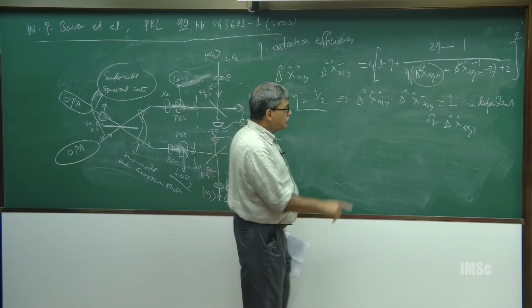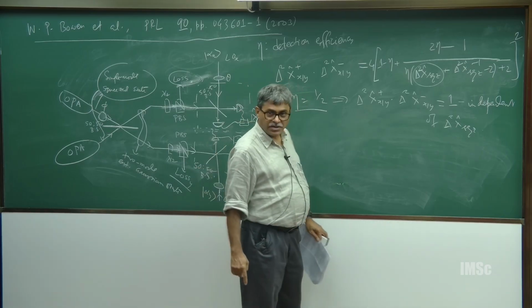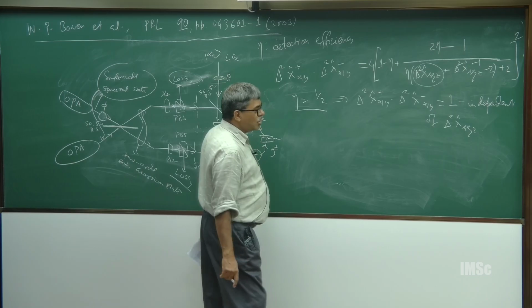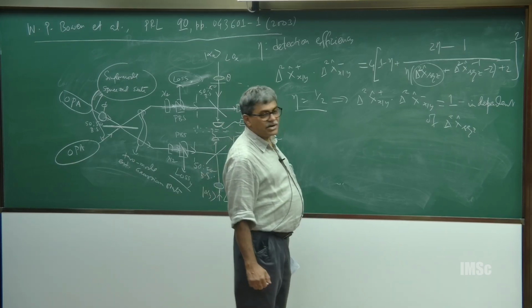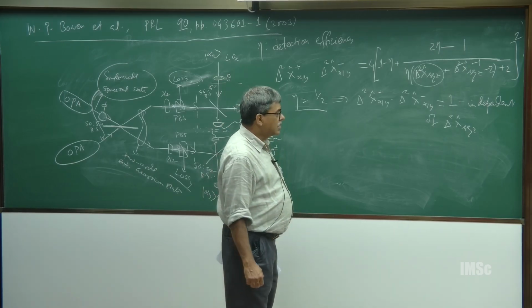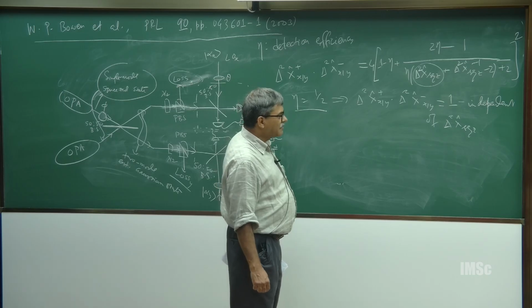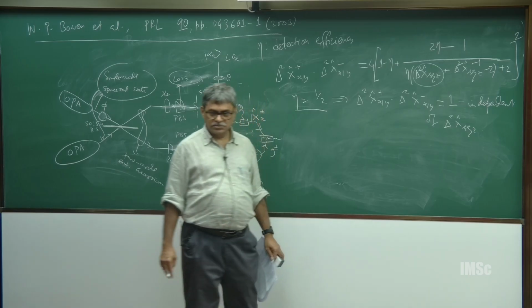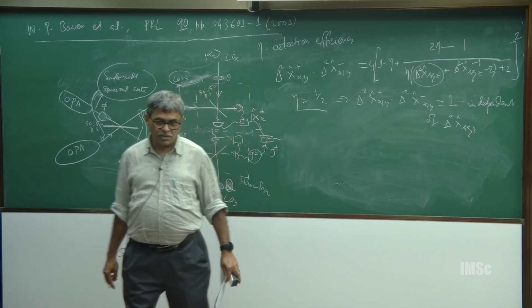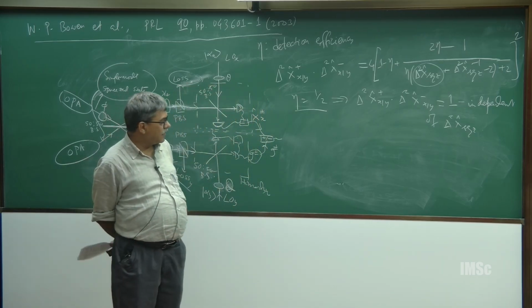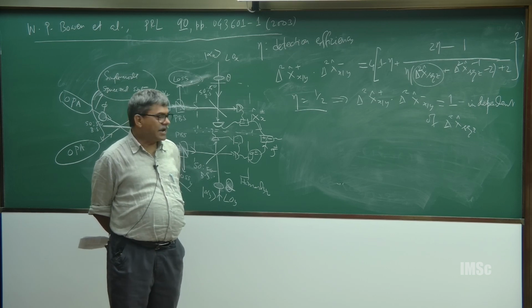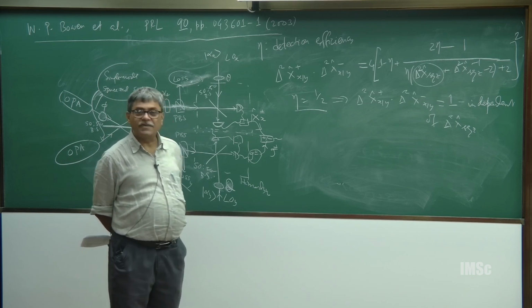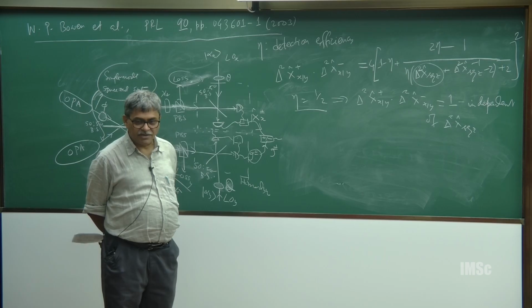Now, this being 1, it means what? It means that it is not satisfying the EPR criteria. Now, if it does not satisfy the EPR criteria, what can you say about entanglement? If it satisfies the EPR criteria, then this is inseparable, that means entangled.